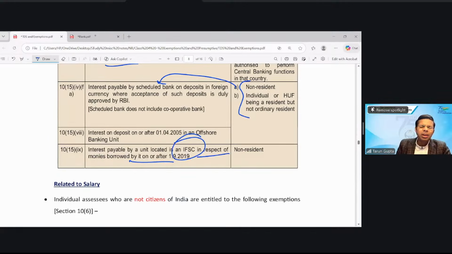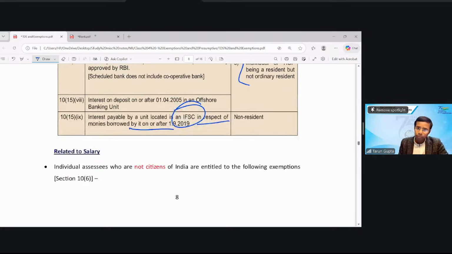We'll discuss in a minute, today only, in detail. IFSC is a place in India which is treated as foreign. So if there is a unit located in IFSC and such unit has borrowed money from the non-resident, then whatever interest that non-resident is deriving from such unit is exempt. Okay.